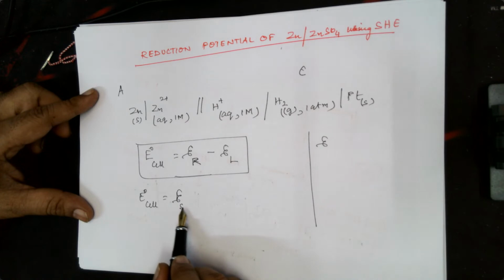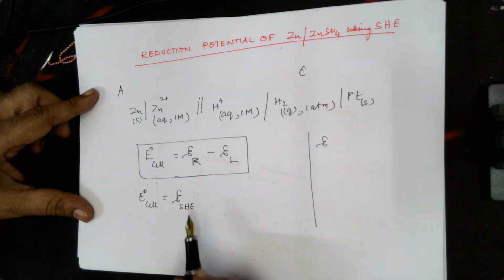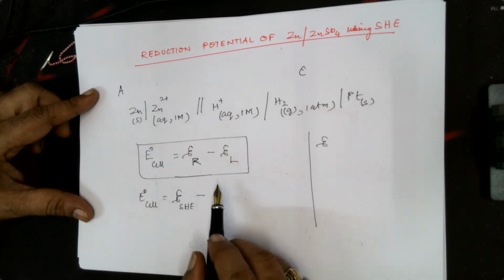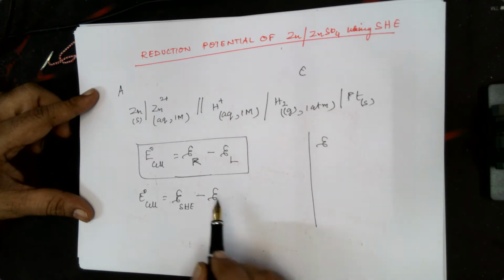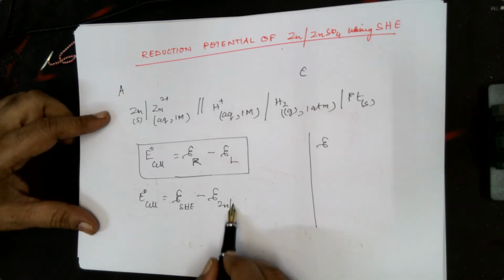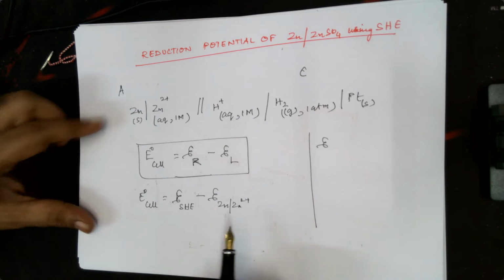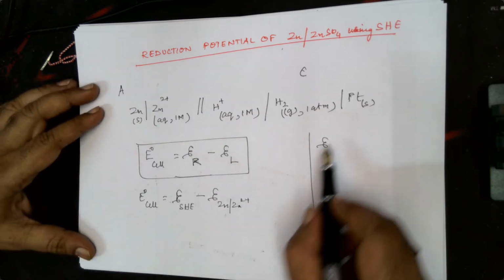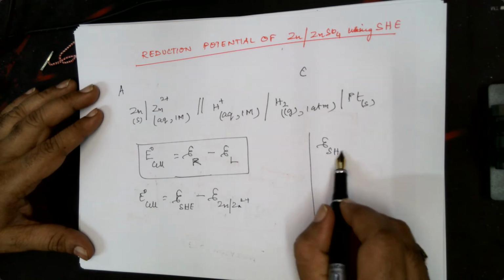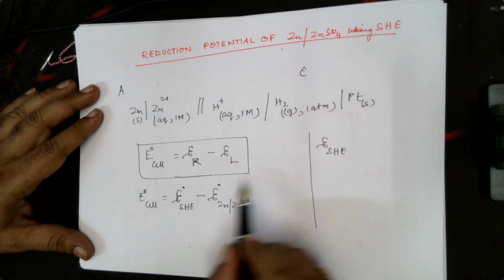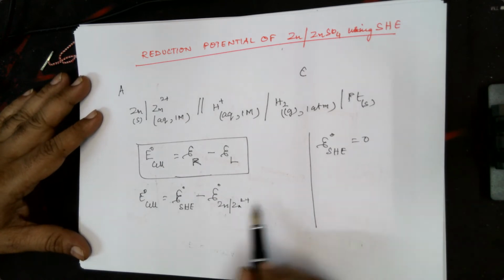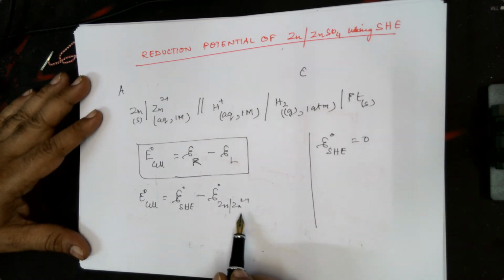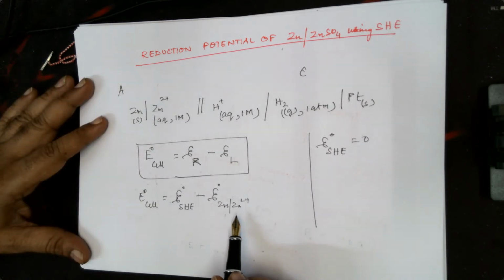of SHE, standard hydrogen electrode. Okay. Minus, and what about this one? This can be represented as E of zinc electrode potential, zinc bar zinc 2+. So E of SHE, standard hydrogen electrode, at the standard state is equal to 0. And for this zinc dipped in zinc 2+, we have got already the equation.